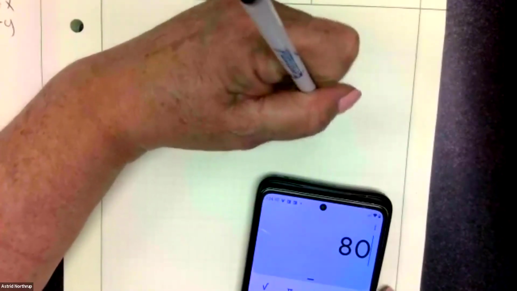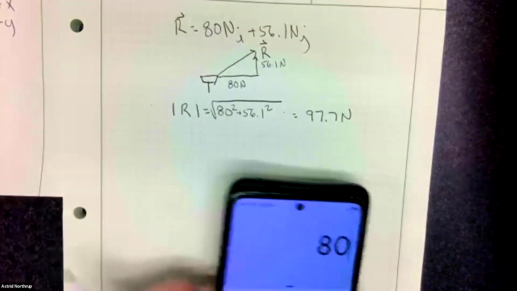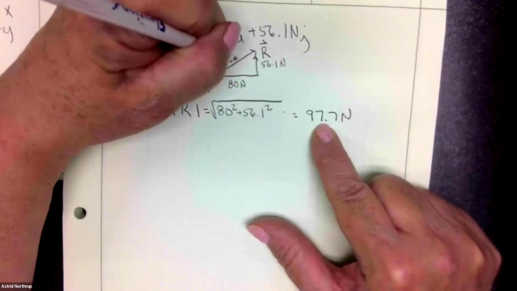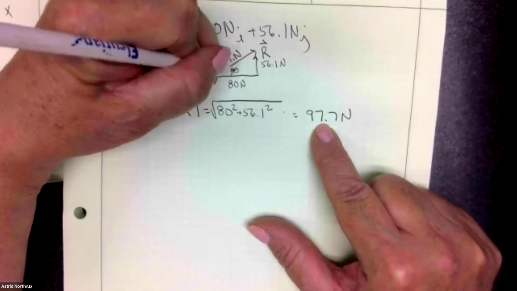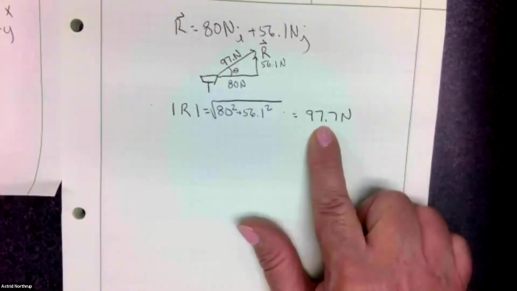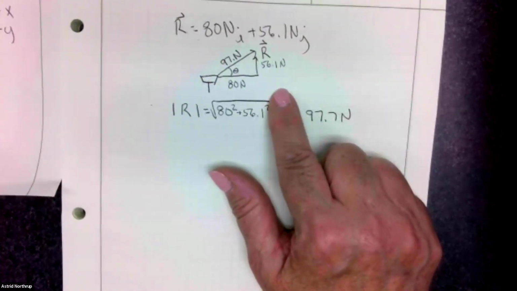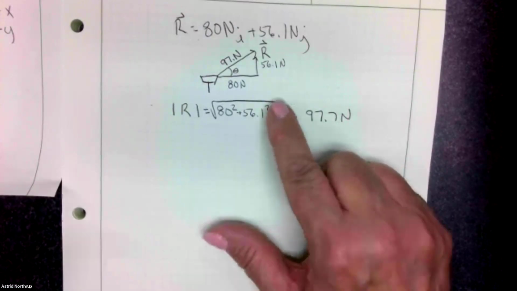Anyone? 97.71 newtons, okay? And then we can take that back and put it here. And we can say, what is this angle, which I'm just calling generically theta. Well, I have three sides. I can figure out the angle using a trig function.